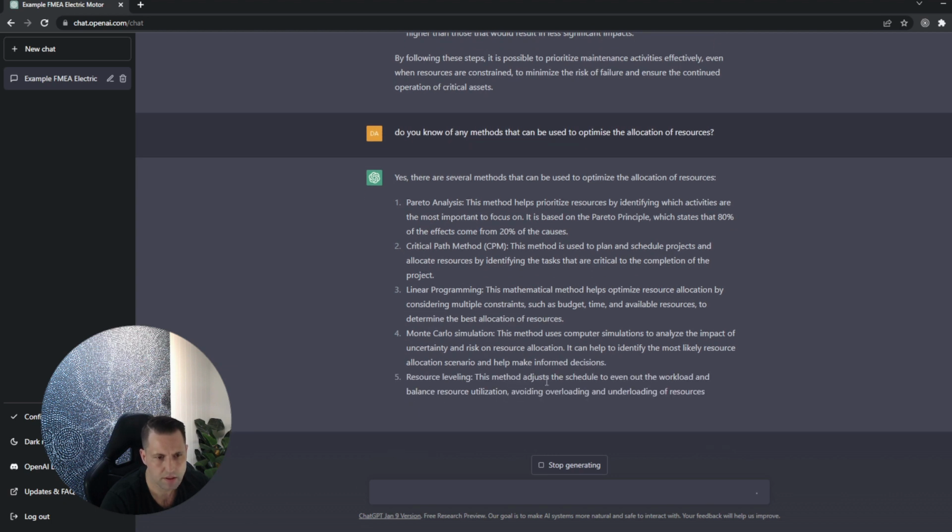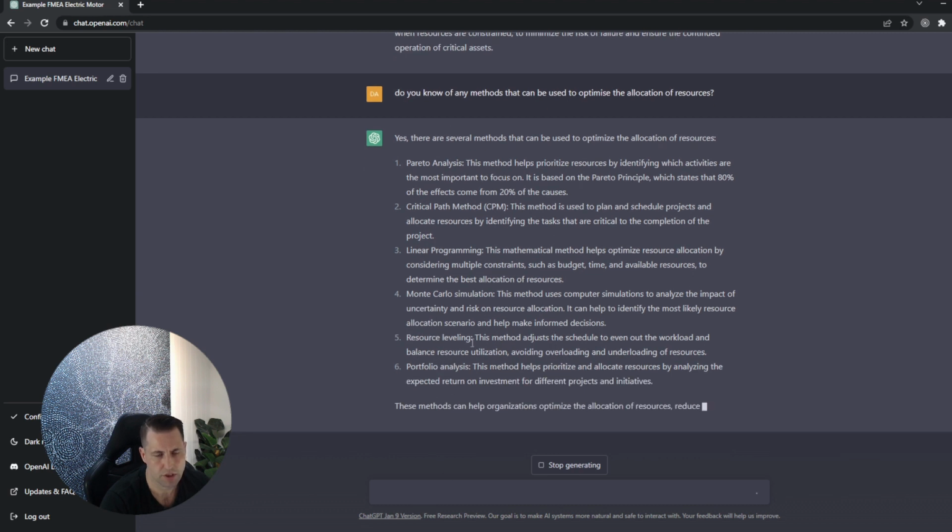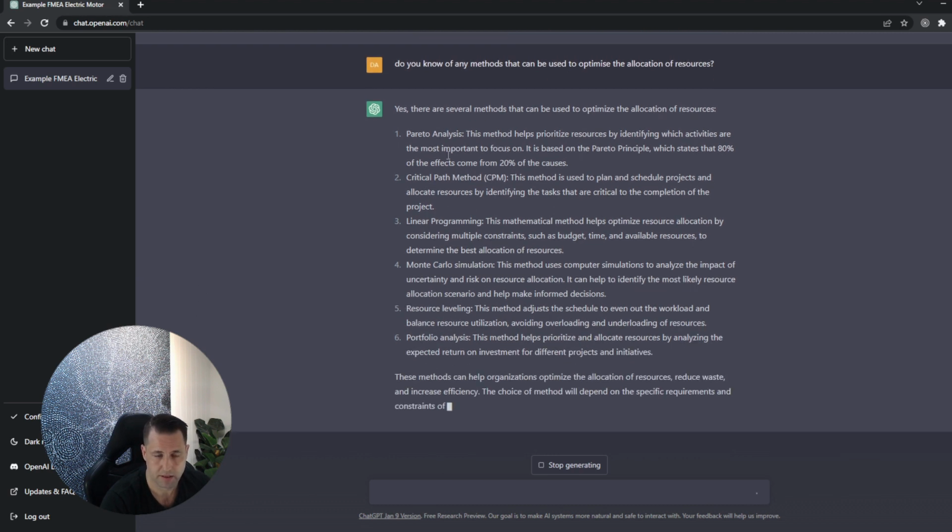Okay. These are all highly used methods, by the way. All of these have their own sort of benefits and strengths and weaknesses. Typically, resource allocation problems, at least in my experience, some of the more complex ones, are solved using linear programming approaches. So let's see if it can help us out with that.